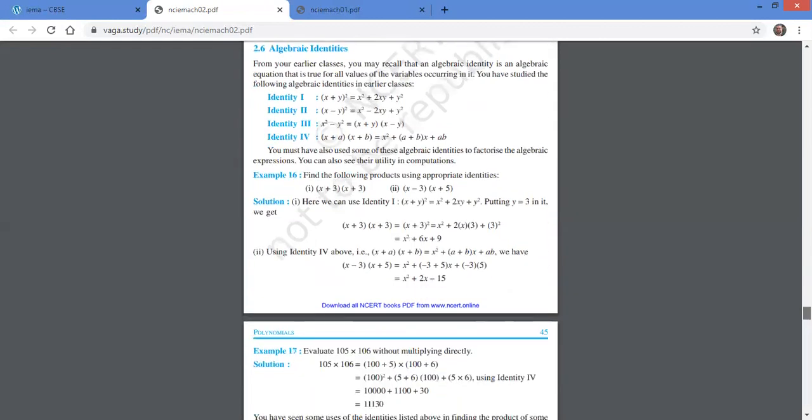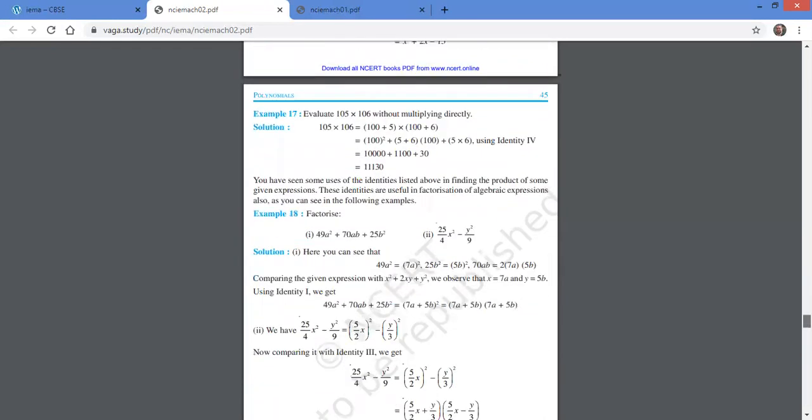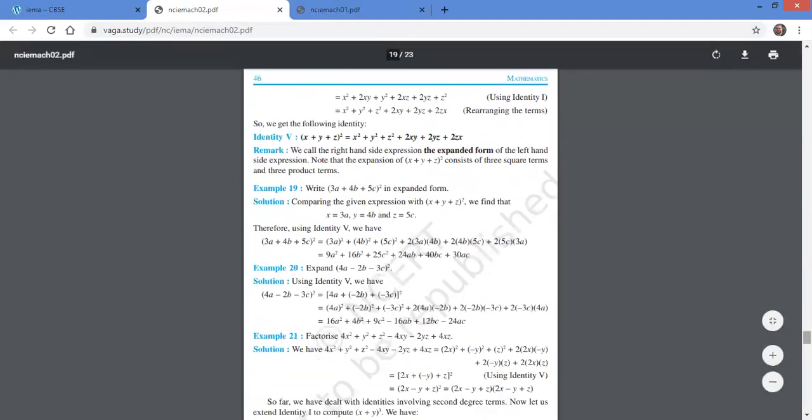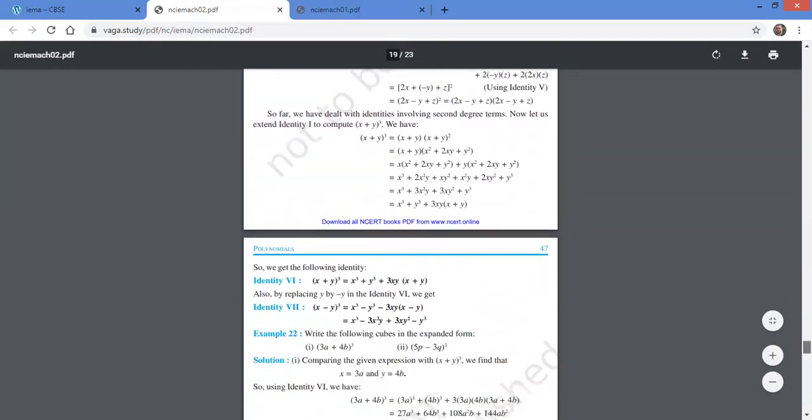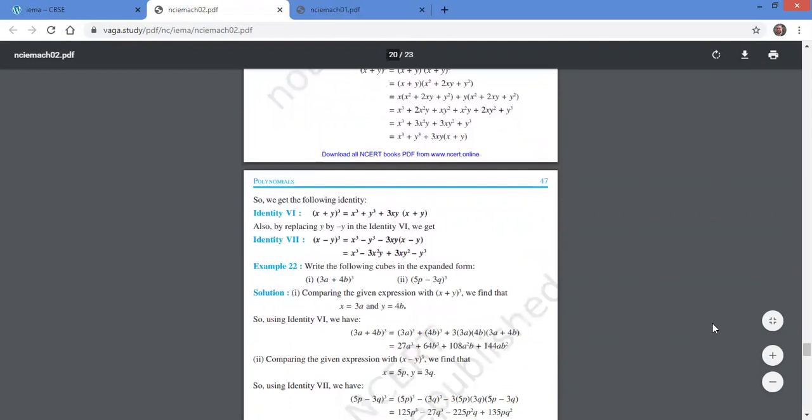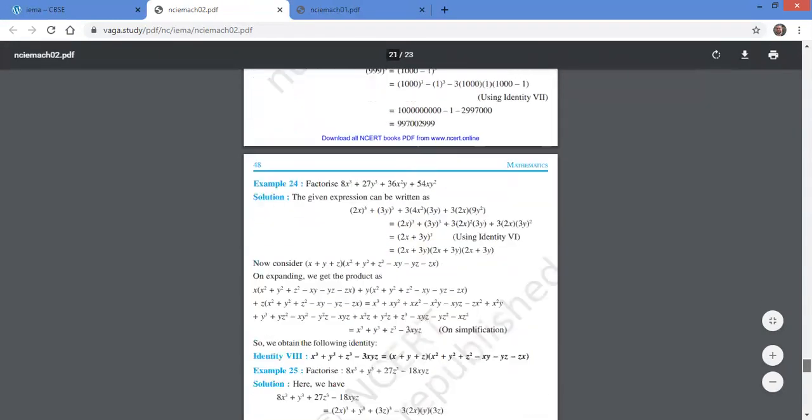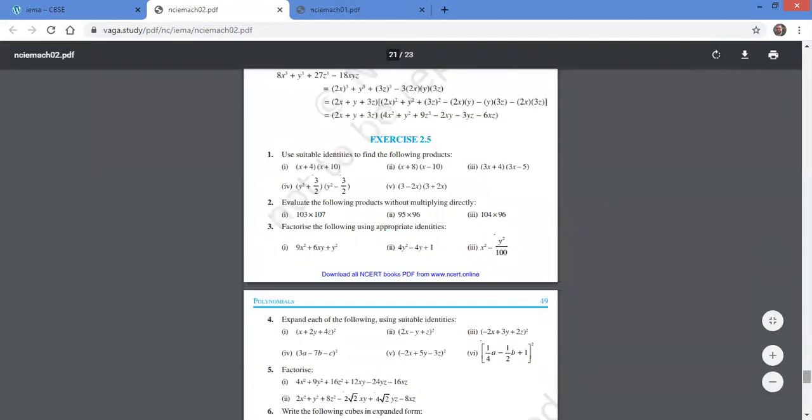And then we have a lot of identities, and out of these identities, one identity is a cube plus b cube plus c cube minus 3abc, and there is another identity. Here I'll just take out that identity, that is exercise 2.5.